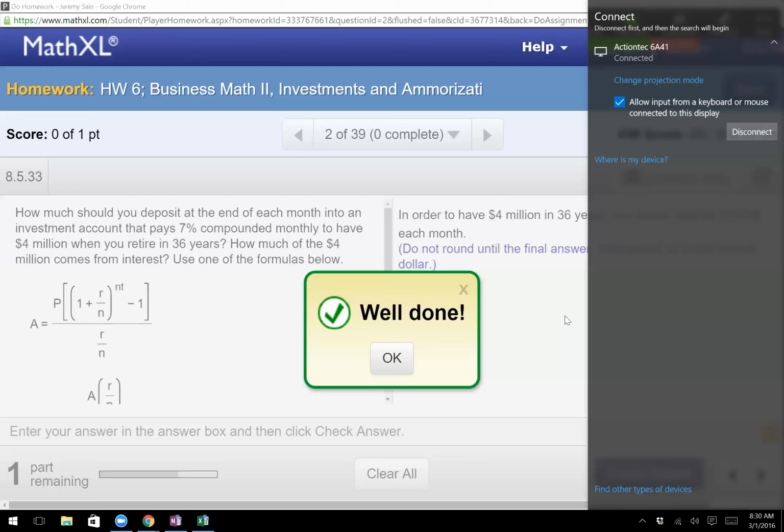Sure enough, around 180 or so, we should pay it off. Yeah. So we paid it off in 15 years.